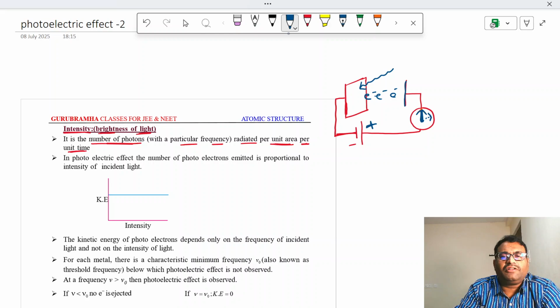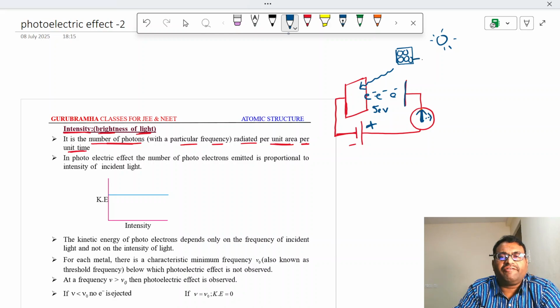So for example, for the electron to come out, how much amount of energy is required? 5 electron volt. Here there are photons falling from the sun. This is sun, sunlight energy. For example, let us take in a particular unit area, how many photons are there? 1, 2, 3, 4, 5 photons are there.